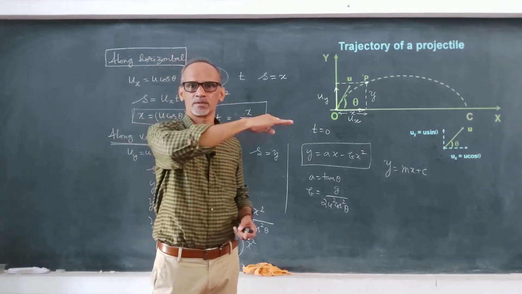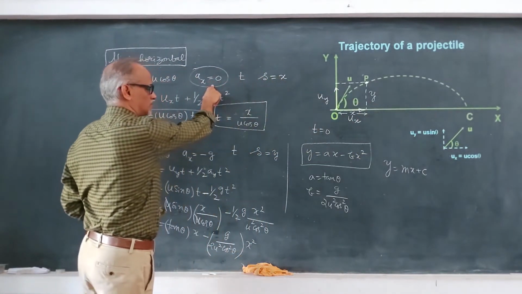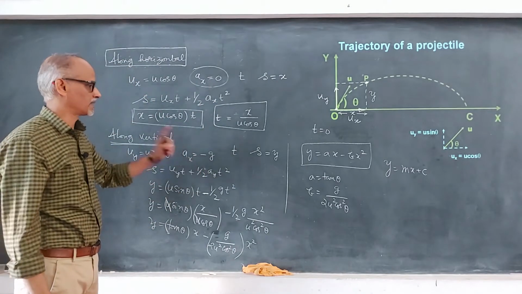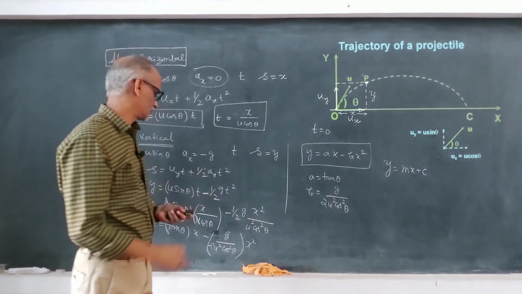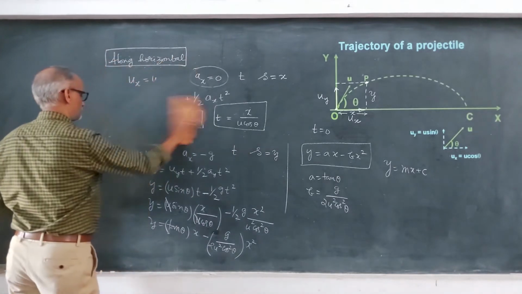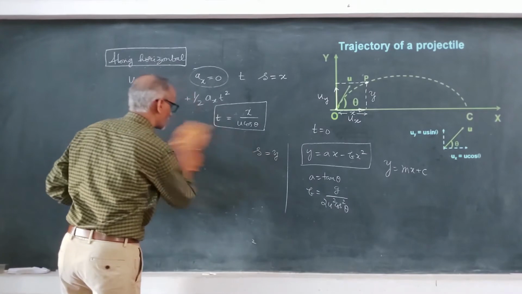That's why no acceleration, no force along the horizontal. But there is a force, there is acceleration along the vertical. That's why I've written it as minus g. This is an important question from the exam point of view. It has appeared a number of times in the exam.